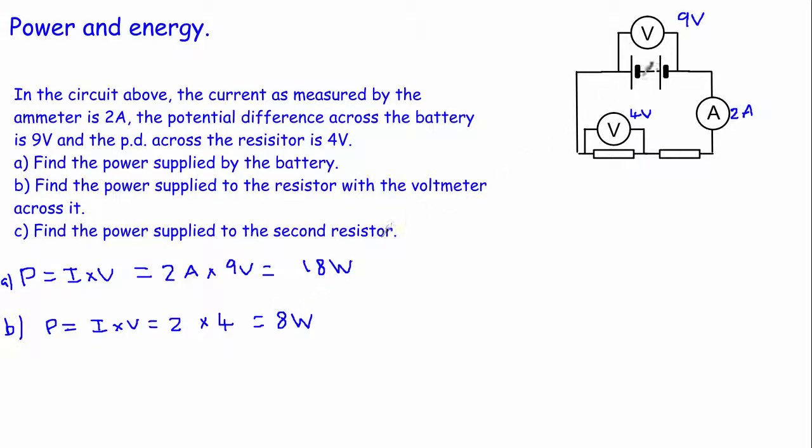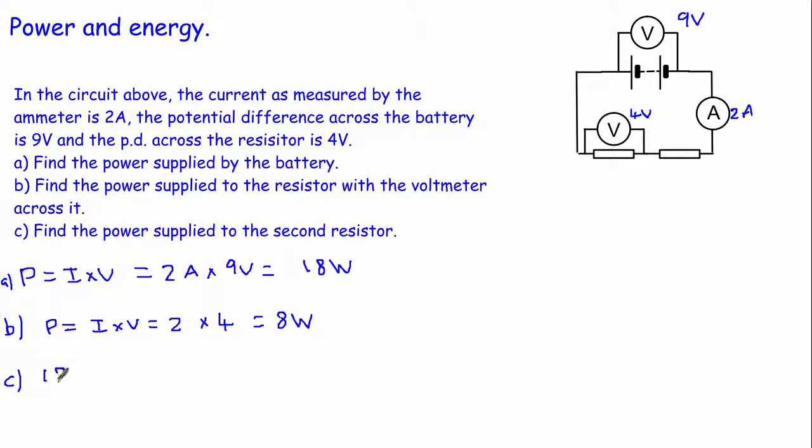So 18 watts is being supplied by the battery altogether, and this particular resistor is using 8 watts of that power up. It's transforming 8 joules of energy into, for example, heat per second. So part C, I want the power supplied to the second resistor. Well, if 18 watts is being supplied to the circuit, and this one uses 8 watts, then whatever is left over must be used by the other one.